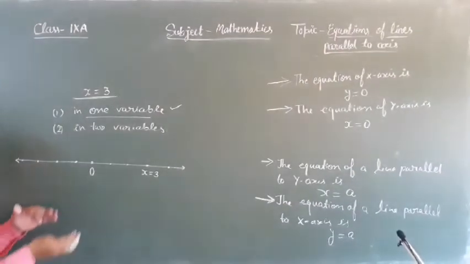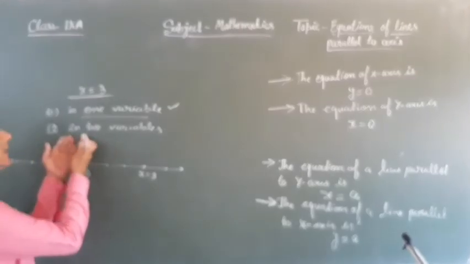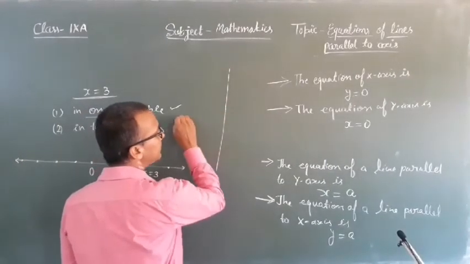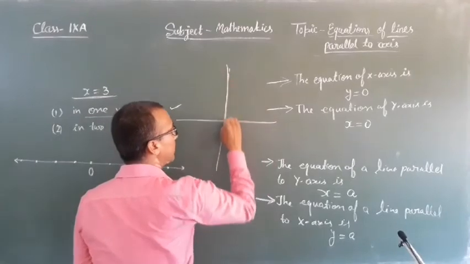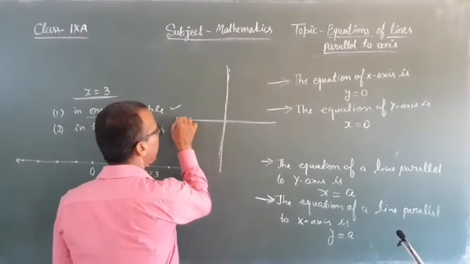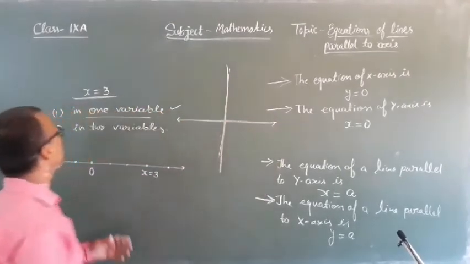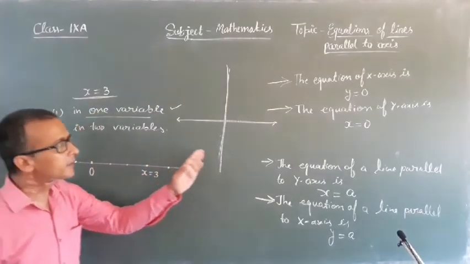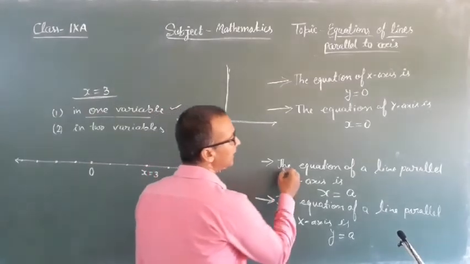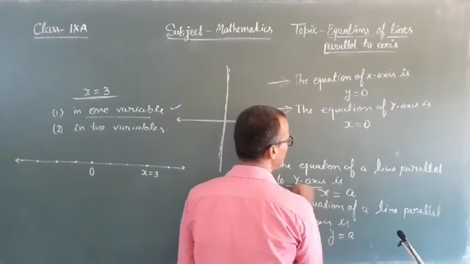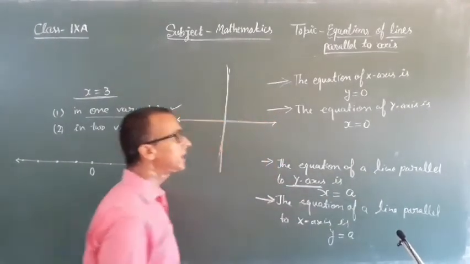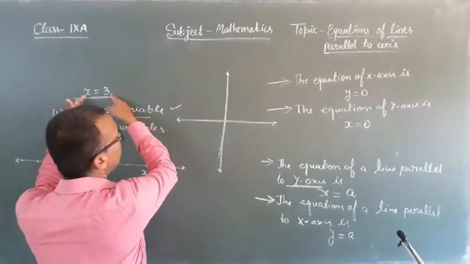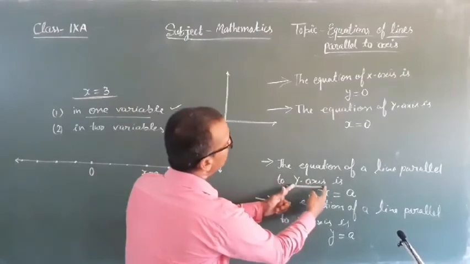But when you have to represent it in two variables, then take a Cartesian plane and draw the line x is equal to 3. Dear students, we have discussed about it. The equation of a line parallel to y-axis is x is equal to a. This line will be parallel to y-axis.